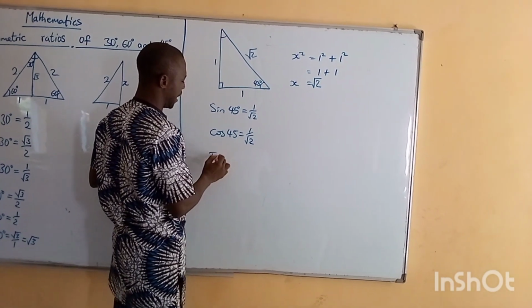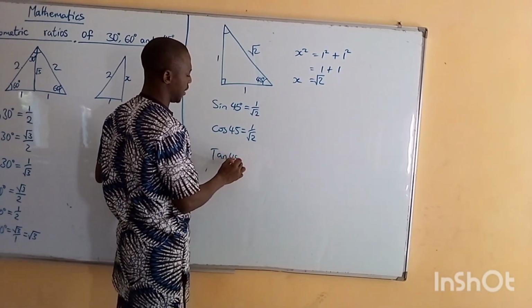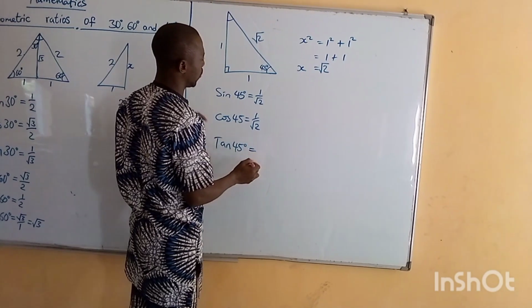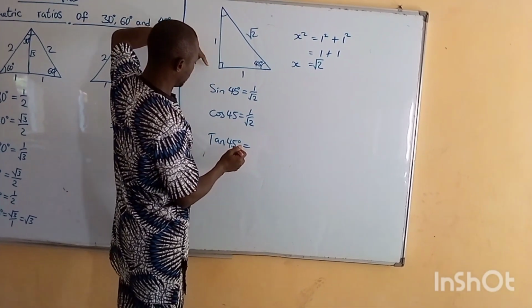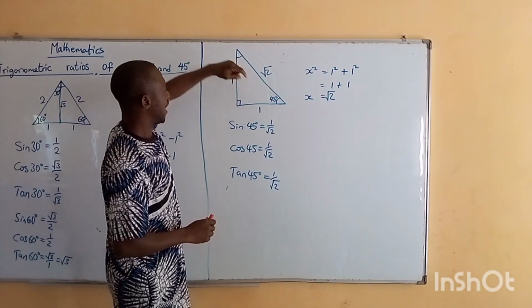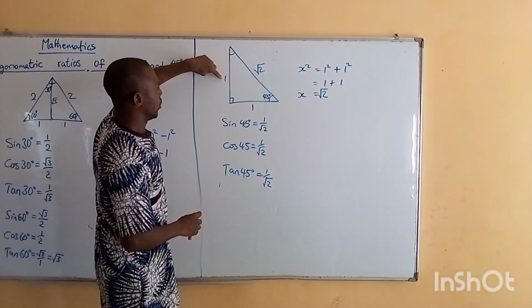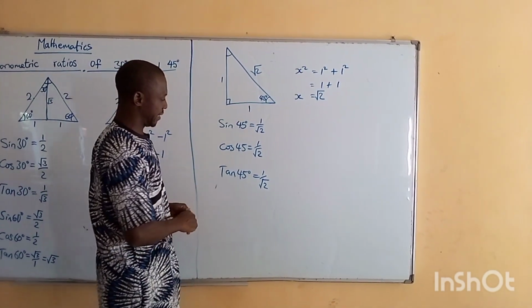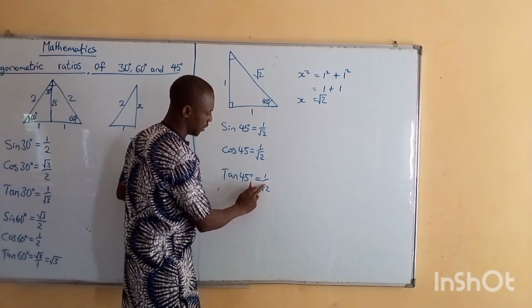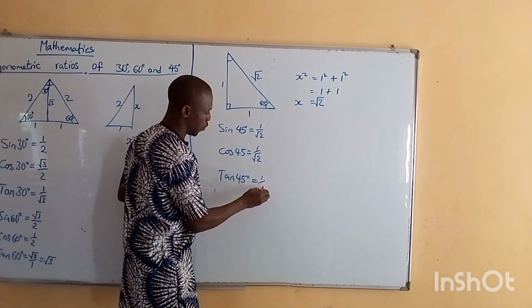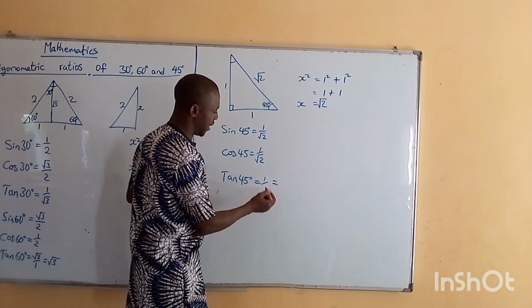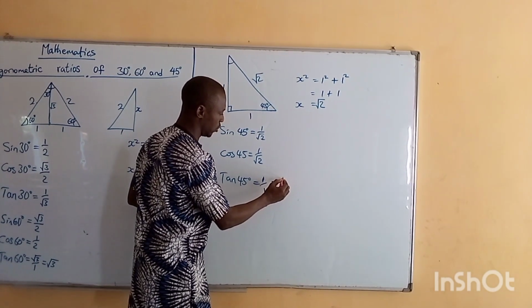And tan 45 is equal to opposite over adjacent, which is 1 over 1. So tan 45 is equal to 1.